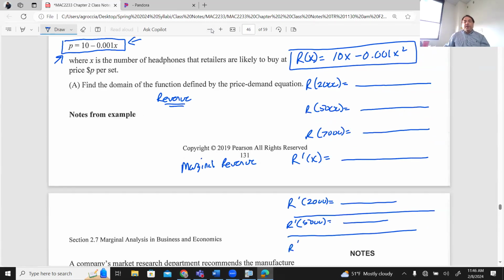The marginal revenue at 7,000 and explain it. So the math part of this is what happens to the revenue at 2,000 headphones, 5,000 headphones, and 7,000 headphones. Take the derivative of revenue, plug in 2,000, 5,000, and 7,000.